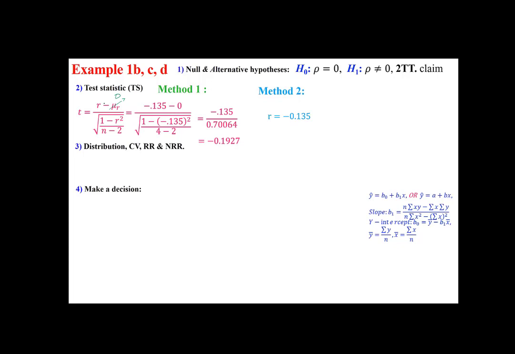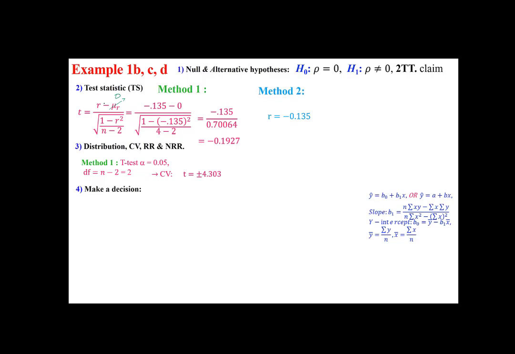What about the critical value? Well, if you go with the t-test, alpha is 0.05, degrees of freedom of n minus 2, or 4 minus 2 equals 2, results in the following numbers, plus minus 4.303. What about method 2? For method 2, you use the table.